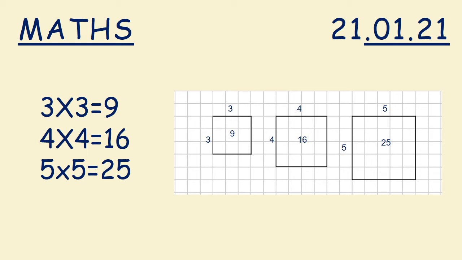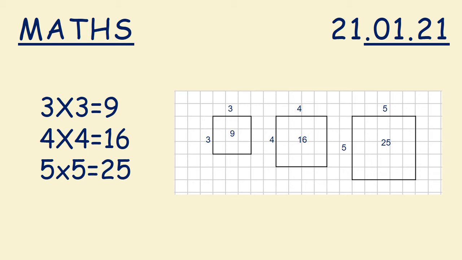This square is 4 squares long, so 4 times 4 equals 16. So the area of this square is 16 square centimeters. This square is 5 squares long, so 5 times 5 equals 25.